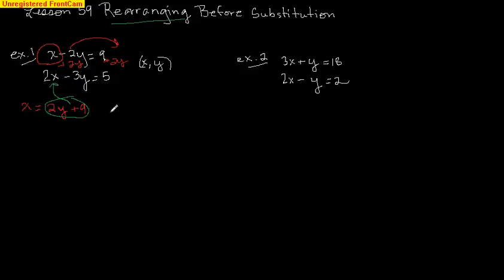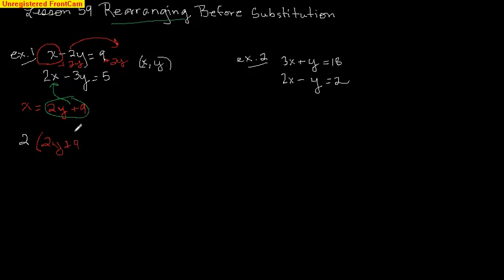So we're going to say 2, and instead of the x, we're going to put what x is equal to. x is equal to 2y plus 9. That x was right here, that x now is no longer an x, it's what x is equal to, which is 2y plus 9.